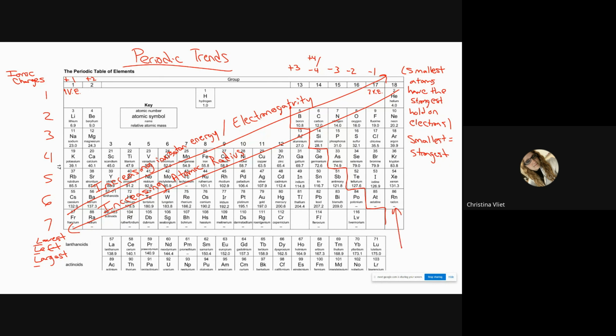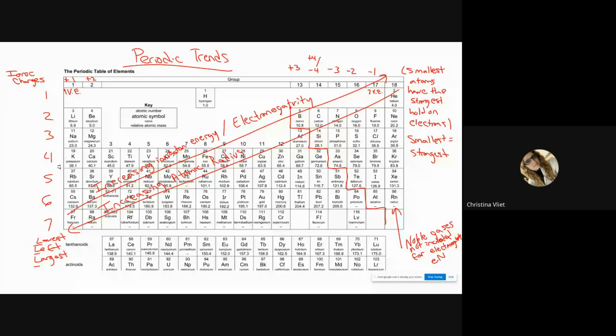Noble gases are not included for electronegativity. So for electronegativity later on in this class, when it gets brought up again in Unit 3, we're going to use the letters EN to describe electronegativity, lowercase e, capital N, instead of writing all of those letters.